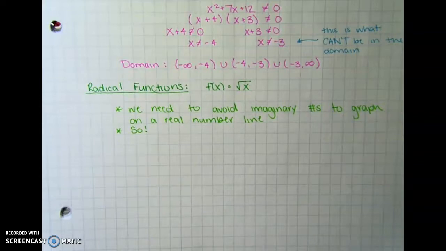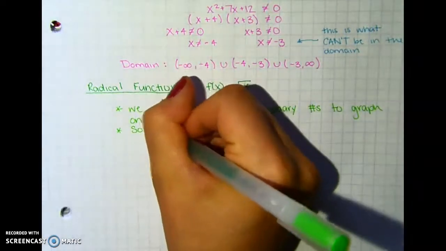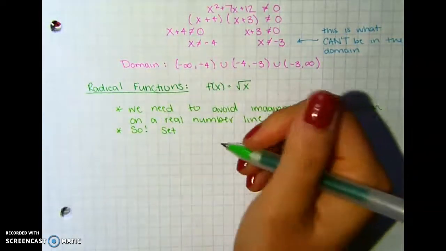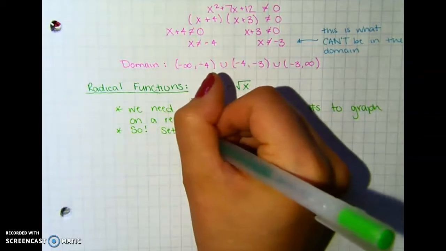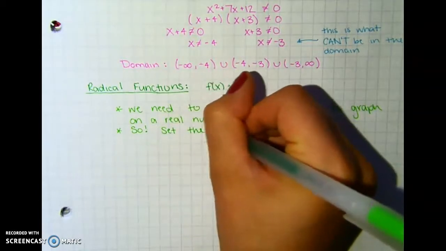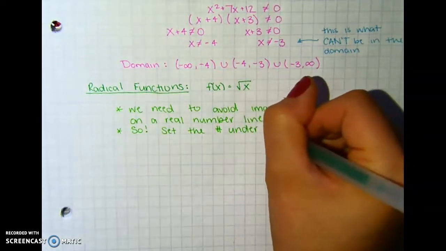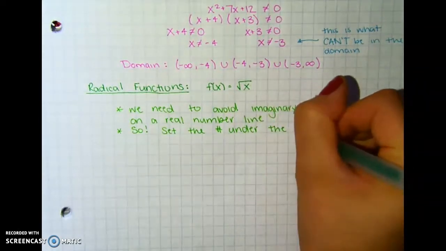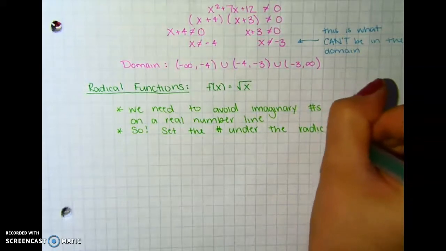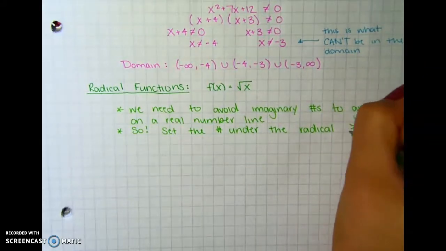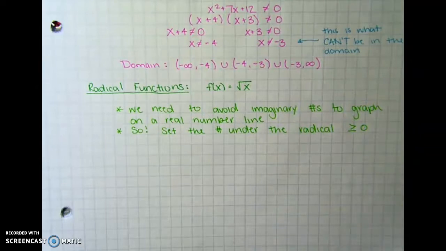And if it's negative, then it's not real, it's imaginary. So all we do is set the number under the radical, which is the radicand if you forgot, greater than or equal to 0.